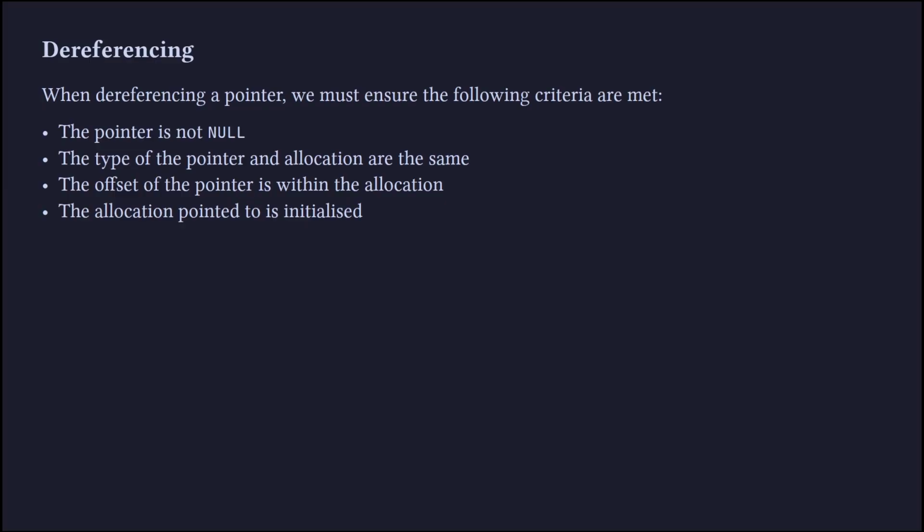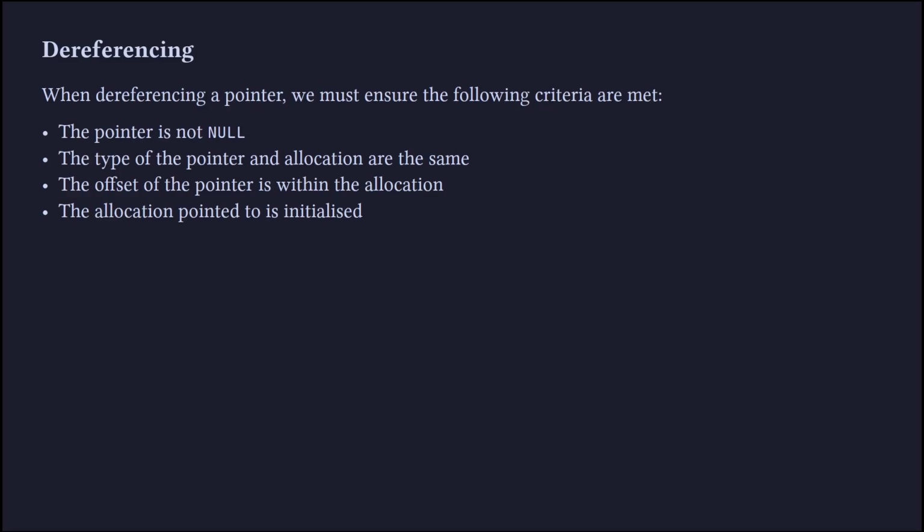So if we're dereferencing, say, an int pointer, but the allocation has size of short, that's going to cause some issues because we're overreaching the bounds and we're actually grabbing a greater amount of bytes than is in the allocation for short, which will cause errors.